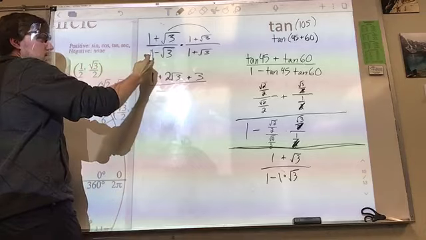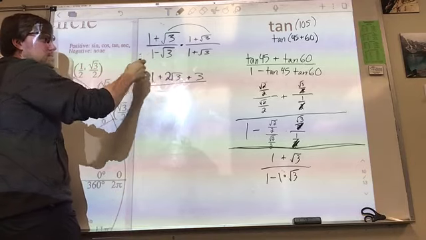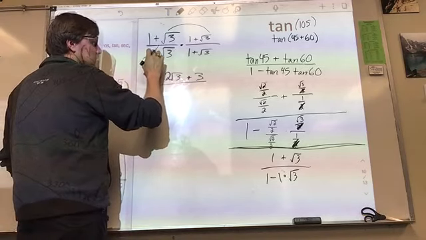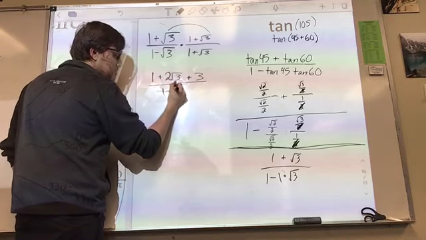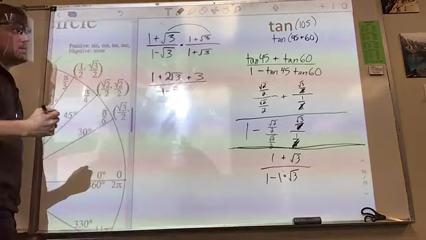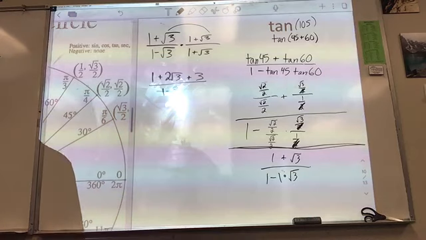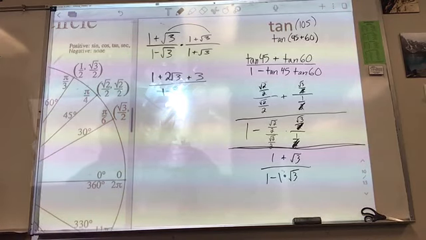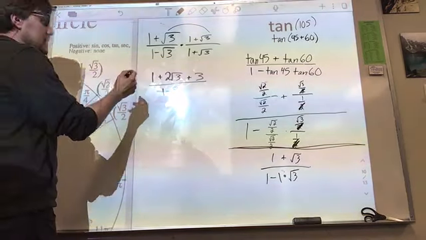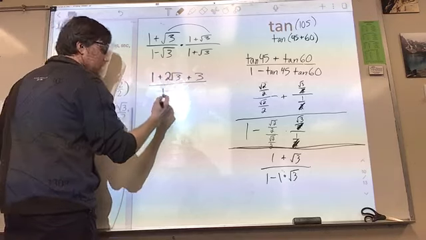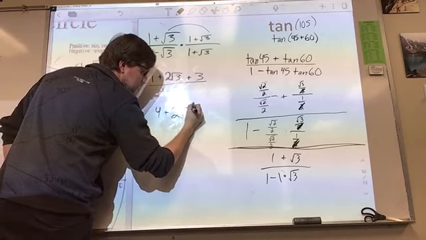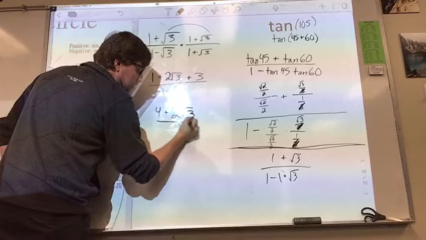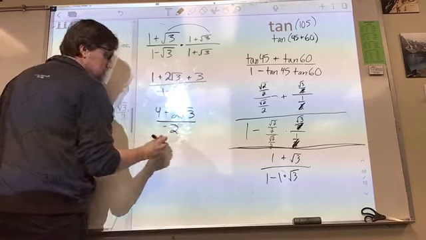On the bottom, just like with our proofs, it's going to be this minus this squared, and this squared is a regular 3, so 1 minus 3. All that can be done foiling. I'm just doing a little bit of the foiling in my head. And now we just need to combine our like terms a little bit. So I can combine that 1 and that 3, so I have 4 plus 2 root 3 over a negative 2.